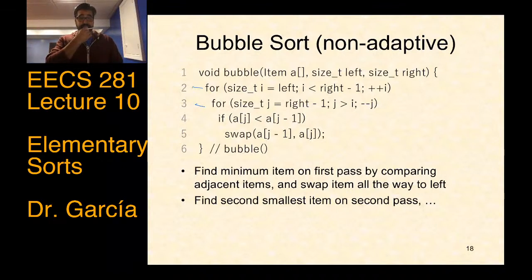Basically, what I do is find the minimum item on the first pass by comparing adjacent items and swapping it all the way to the left. So the first iteration would find the minimum element and use the inner loop to swap it into the right position.